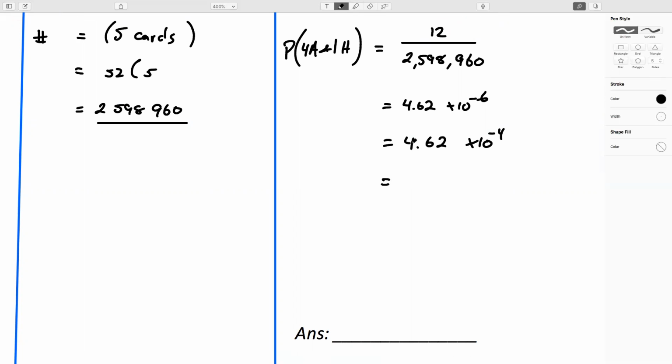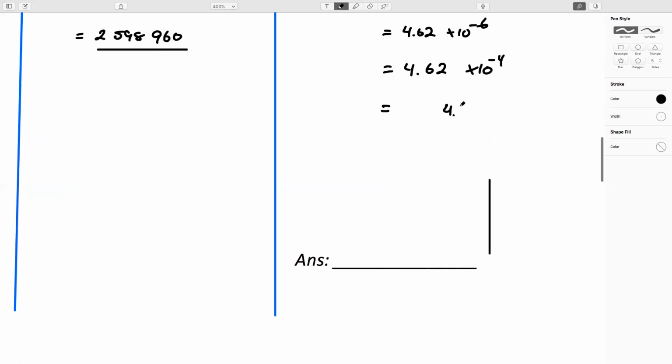So we go over 1, 2, 3, 4 spots. So this would be a 0, 0, 0. So the probability in terms of percentages is 0.000462%. Not very likely.